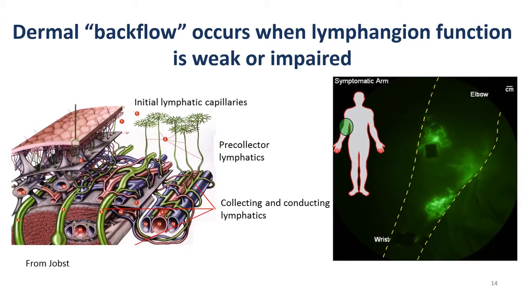And so the initial sign that we see when patients develop lymphedema is this dermal backflow. It can be this beautiful, lacy lymphatic vessel that actually occurs right underneath the tissue. So an injection in the wrist will show these beautiful structures upwards closer to the elbow.